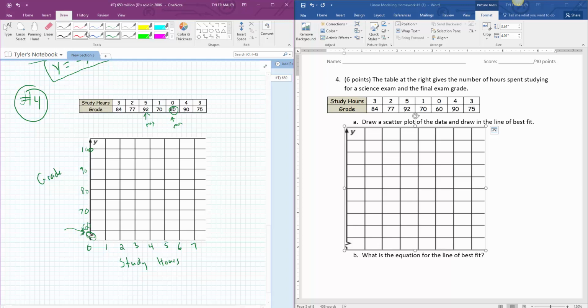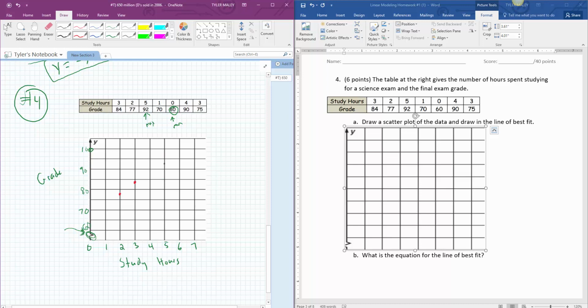So we need to plot these points, and again, I'll do this in red. So we have 3 hours and 84. That would be about here. And then 2, 77. That'd be like here. 5, 92.